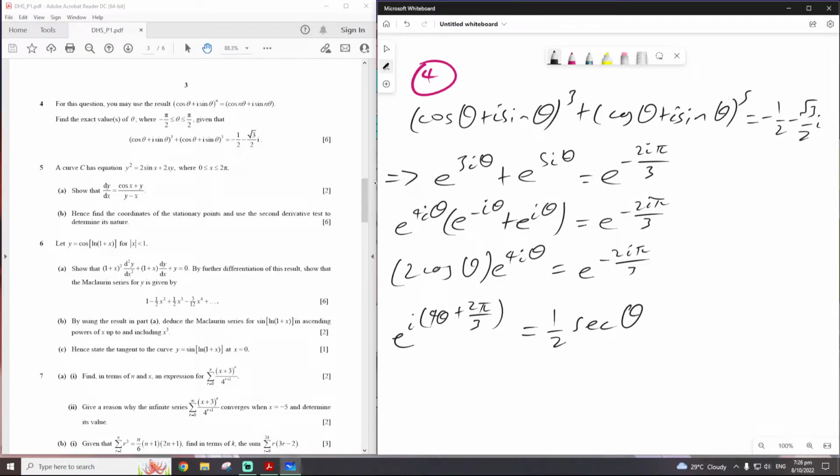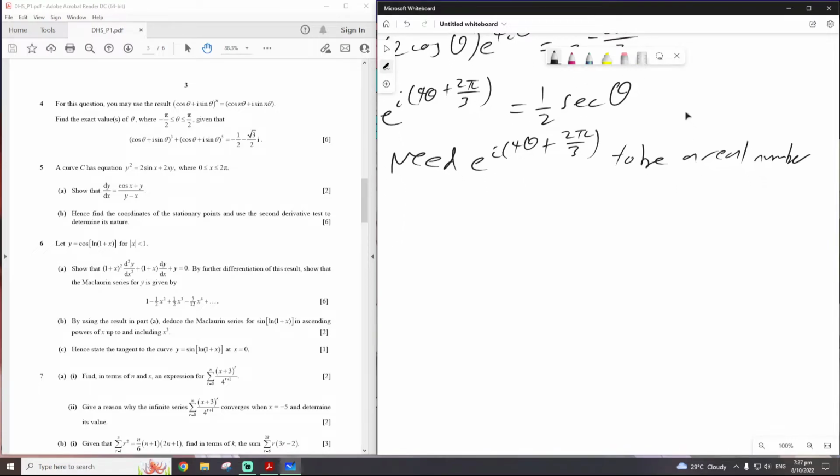Alright? And we know that this right hand side is a real number, so the left hand side is a real number. So we need e^(i(4 theta + 2 pi/3)) to be a real number. So the imaginary part is 0.